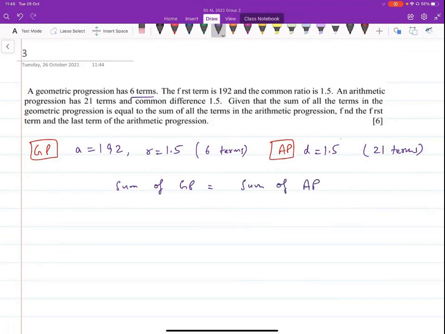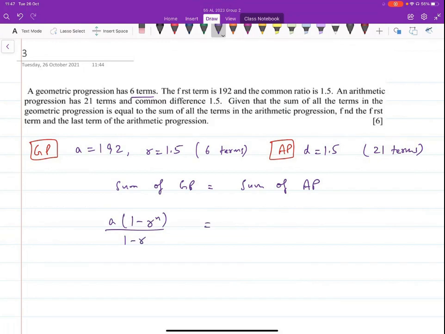Now, in the AP we have the difference given. We are not given the last term, so we should be using the formula without the last term. For the GP we have a into 1 minus r raised to power n divided by 1 minus r.